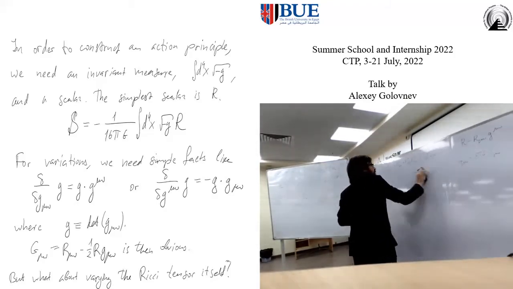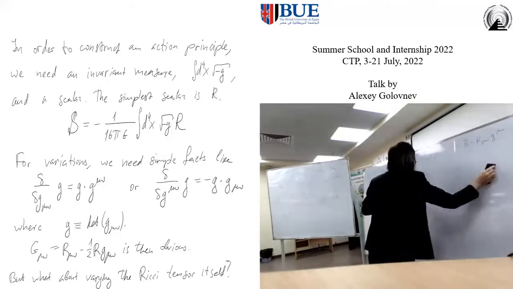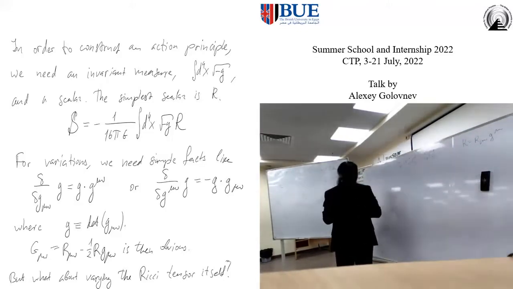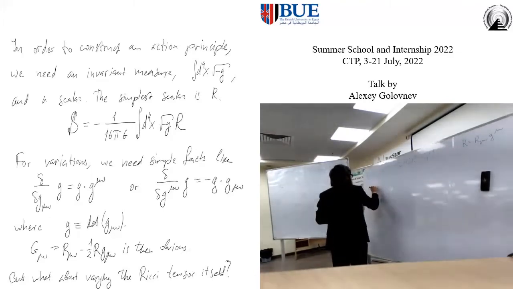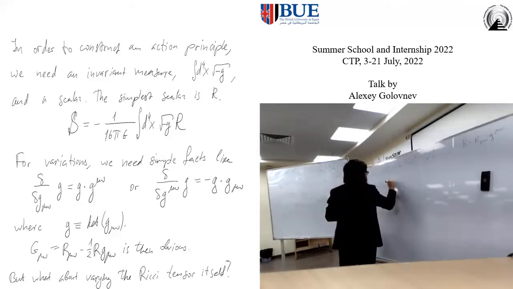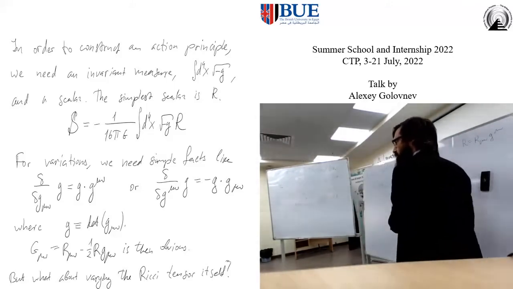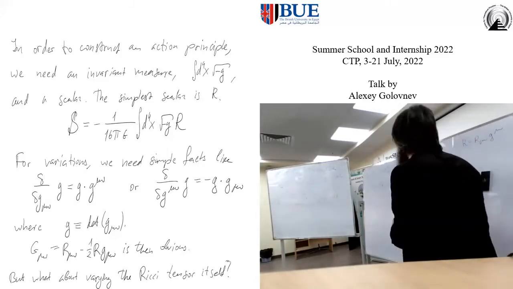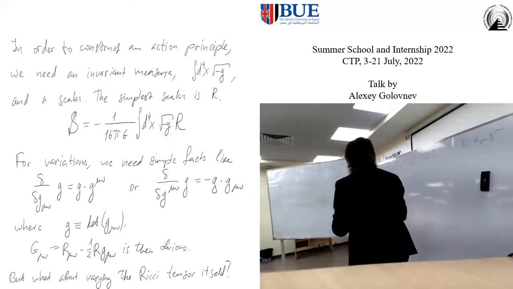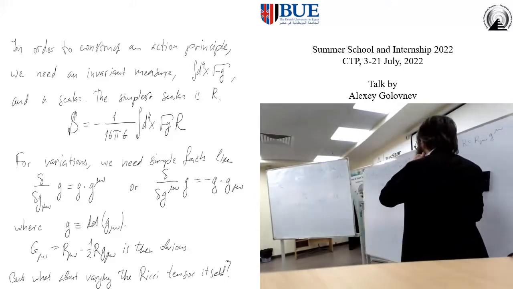Let me write it again. Okay, forget about the prefactor. And I have here d^4x square root of minus g R_mu nu g^mu nu. Okay, that's this guy here. Let me also say that you can find some different usage of words here.